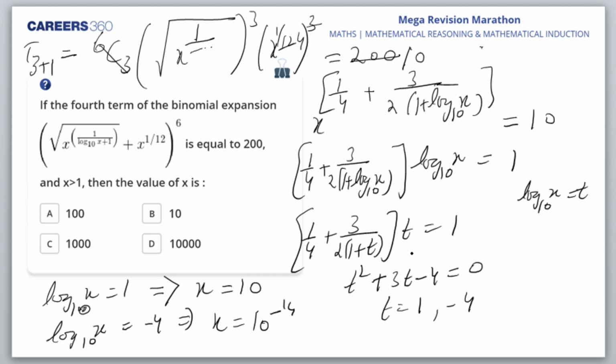Am I right? So x equal to 10 as x is greater than 1. Why x is greater than 1? Because it is given x is greater than 1. So 10 is the answer. B is the right answer. I hope you got it. Yes, students, I hope you got this.